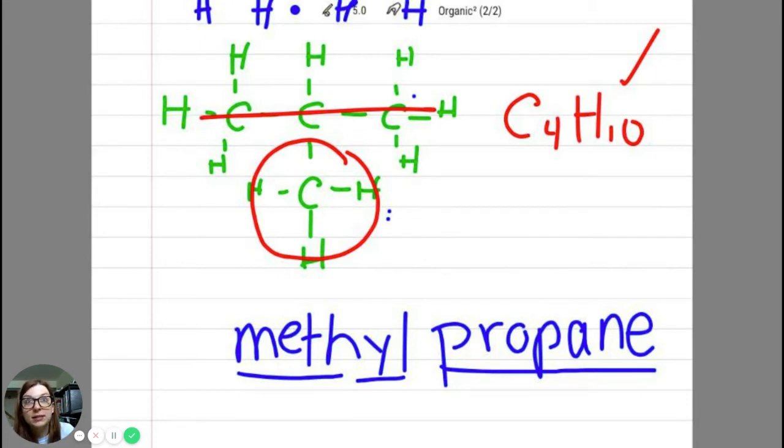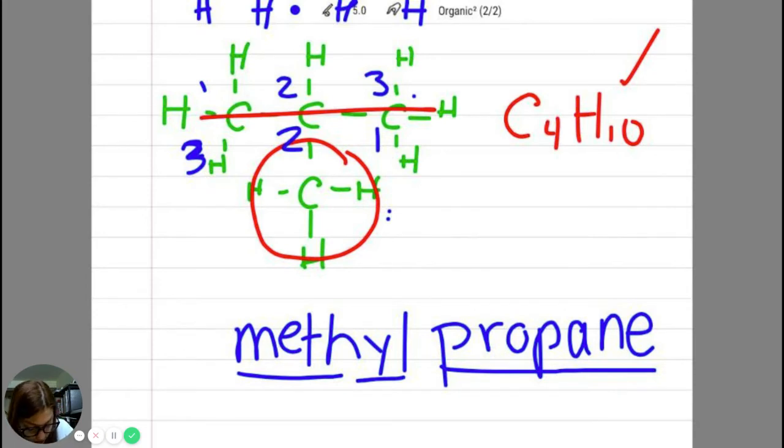Now, I need to identify where this methyl group is. So if I were to number my carbons 1, 2, 3, and then 3, 2, 1, in both number systems, my methyl group appears to be on carbon 2.